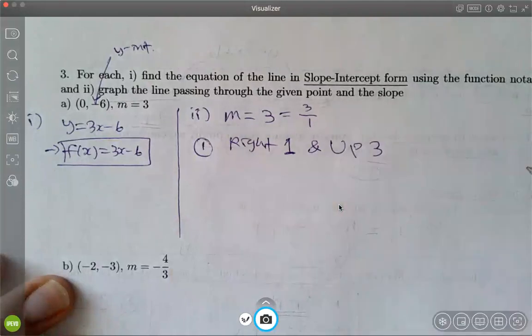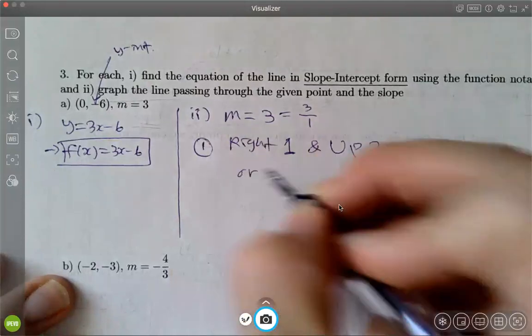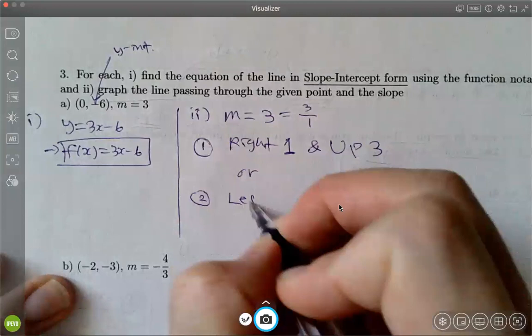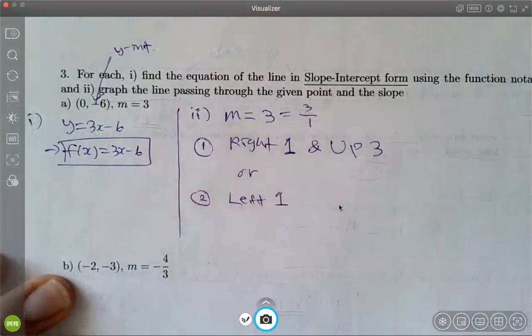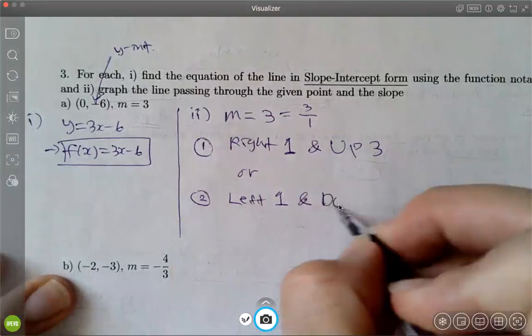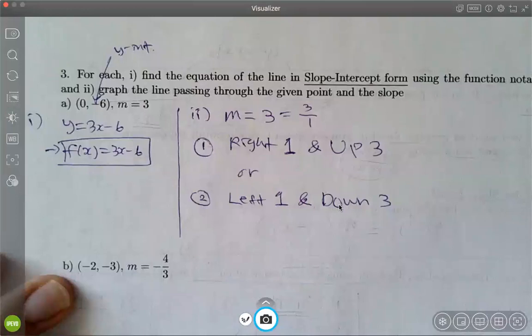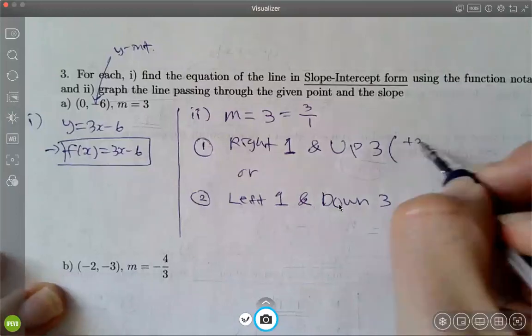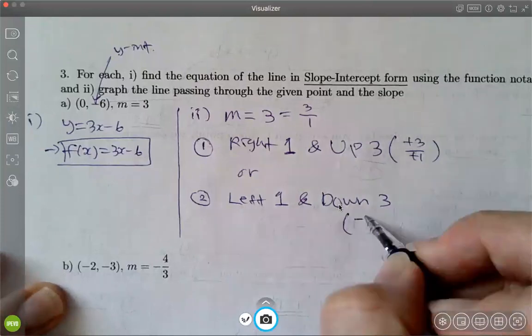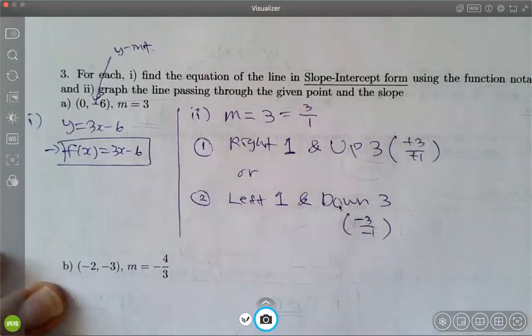Now, can you go left 1? Then where do you have to go? Down 3, right? Because this means plus 3 over plus 1, and this means negative 3 over negative 1, both of which are the same thing as positive 3.